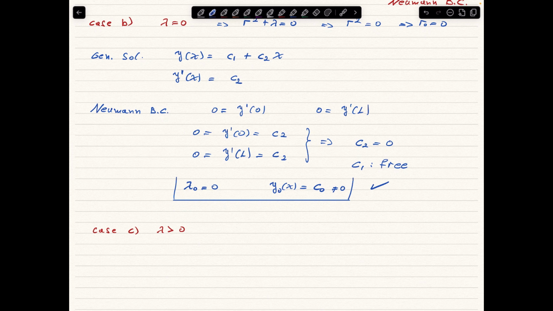Well, lambda positive means we can write lambda as mu squared with mu positive, and then we have our characteristic equation, which is r squared plus mu squared equals 0, and we have done this calculation before, so we don't need too much detail to say that r plus minus is going to be plus minus mu i, complex.